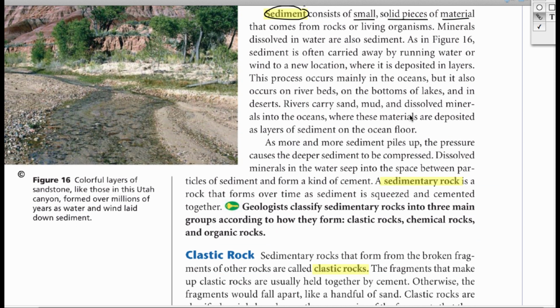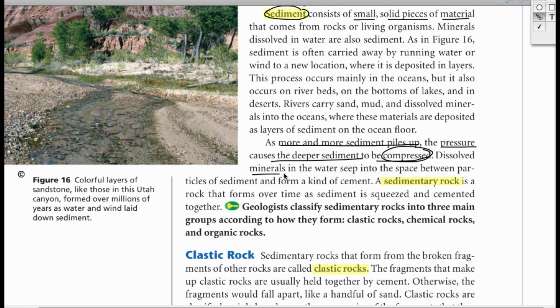When they get deposited, that sediment is going to get deposited either by wind or water, whatever manner. That sediment is going to get deposited somewhere, and then over time, more and more sediment piles up. The pressure causes the deeper sediment to be pushed together and compressed, basically cemented together. Okay?